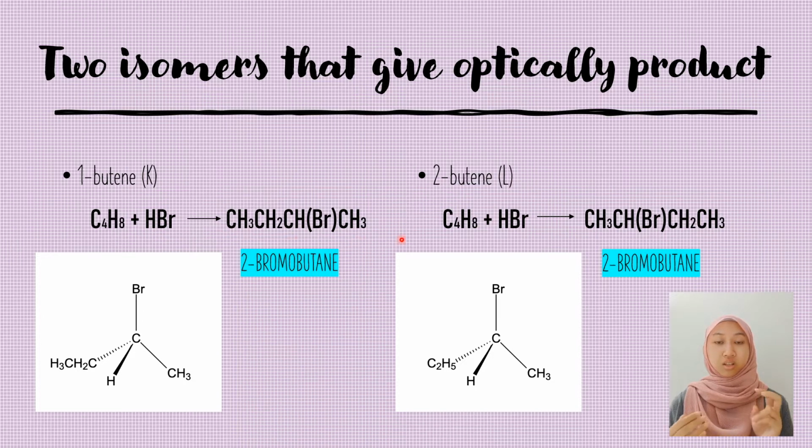Same as when 2-butene reacts with hydrogen bromide, it also produces 2-bromobutane. 2-bromobutane is an optically active product because it contains a chiral carbon and its molecule is not superimposable with its mirror image. From the equation, we can see that the carbon located on the second carbon is attached to 4 different substituents.